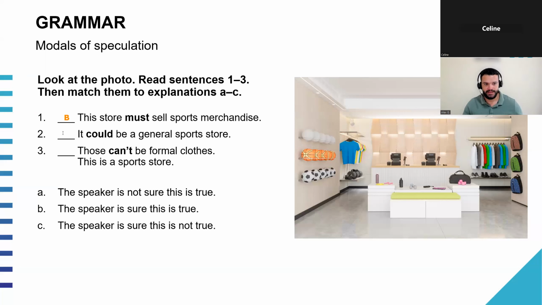A. Excellent. Excellent, Celine. This one is A. And finally, those can't be formal clothes. This is a sports store, which would be C. The speaker is sure this is not true.